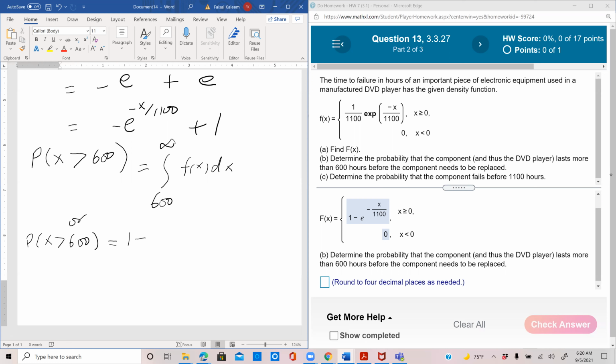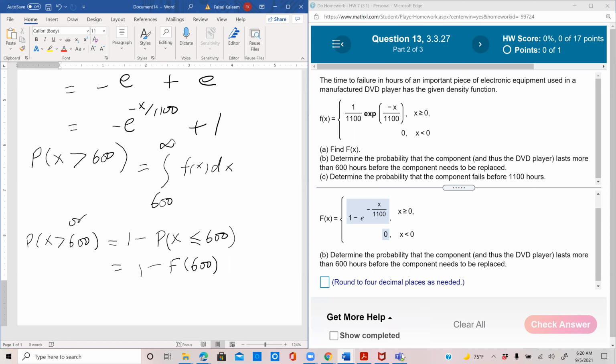First we change this into 1 minus probability x less than or equal to 600 by the complement rule. Probability x less than or equal to 600 is just big F of 600, the cumulative probability up to 600. So that's just 1 minus F of 600.